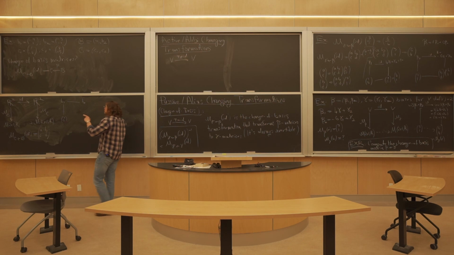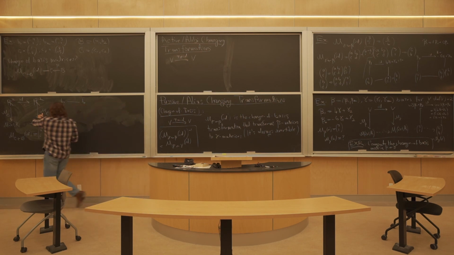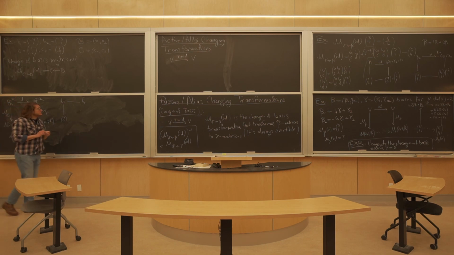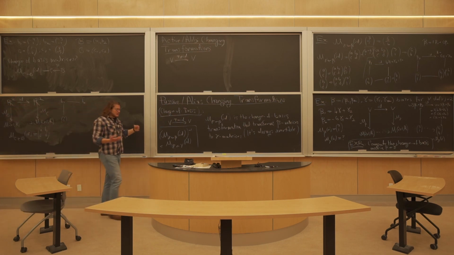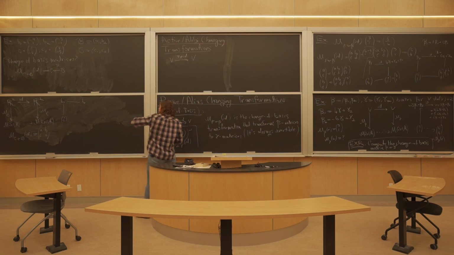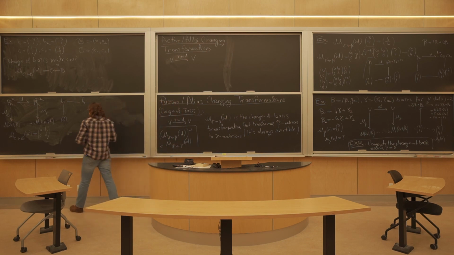But you see now, to use this new coordinate chart, I need to write B1 as a linear combination of C1 and C2. B1 is a legitimate vector, and I can try splitting it using the other basis. That's what I'm going to do.